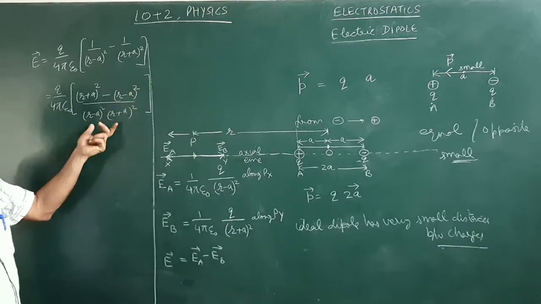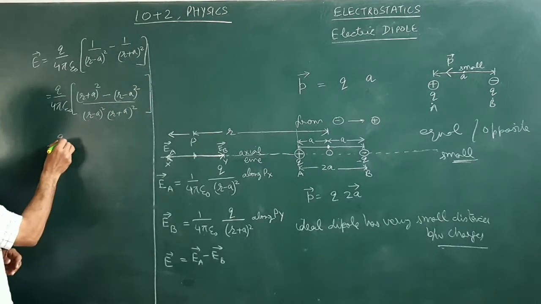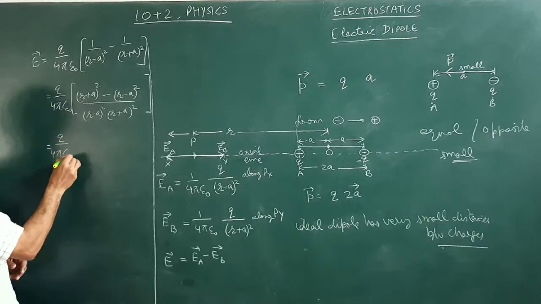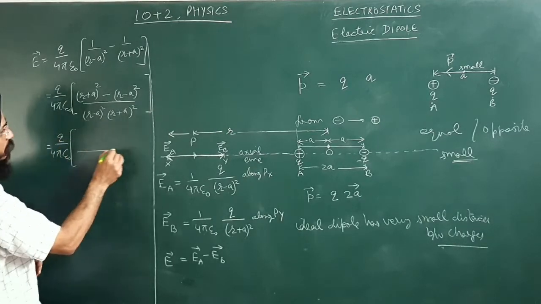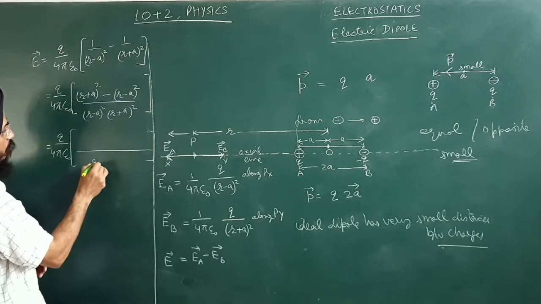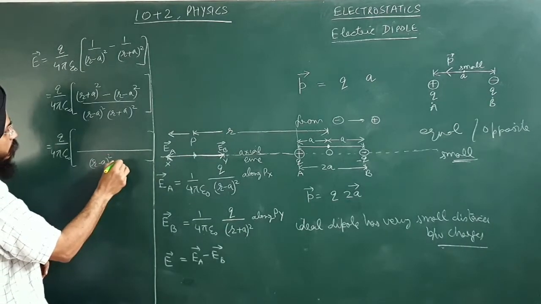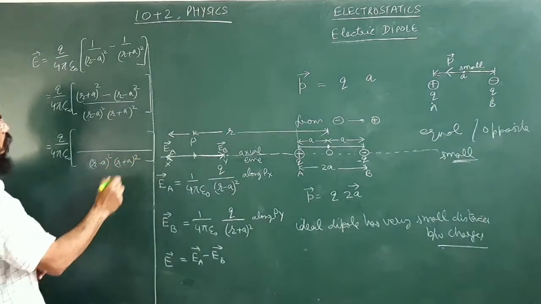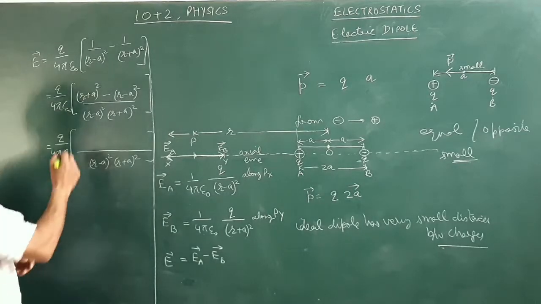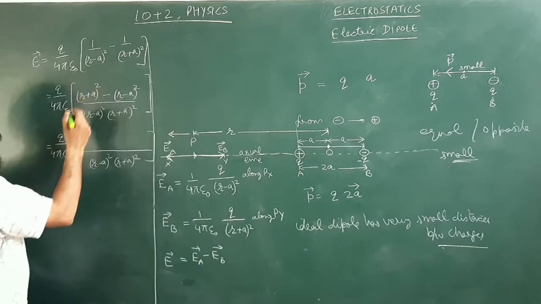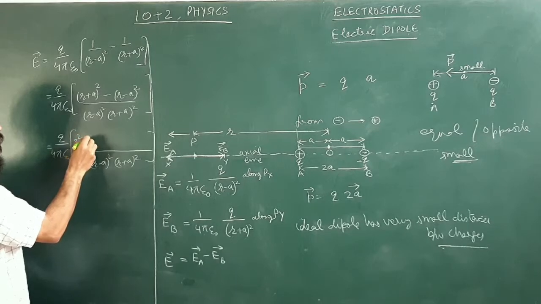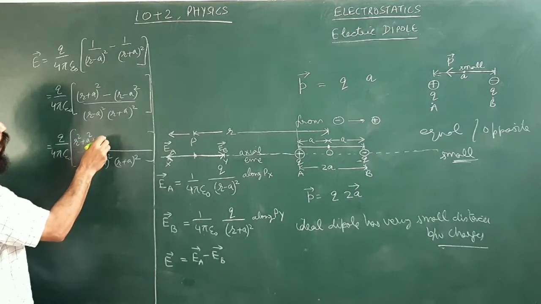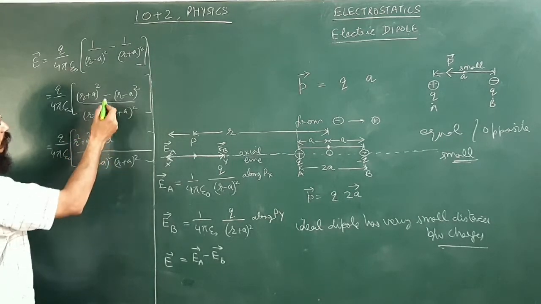Now calculating this, what we will get is 1 upon 4 pi epsilon naught inside the brackets. Now opening the whole square, r plus a whole square is r square plus a square plus 2ra, minus.